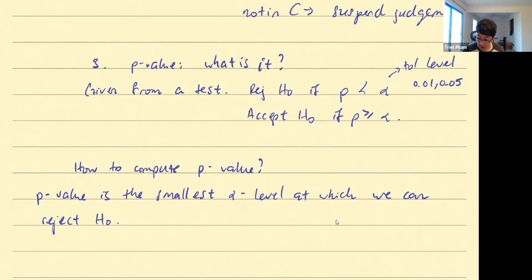So first of all, let's unravel this. The smallest alpha level at which we can reject. Then what is going on here? I say if p is less than alpha, then I reject. Are these two statements consistent, or am I making a mistake?